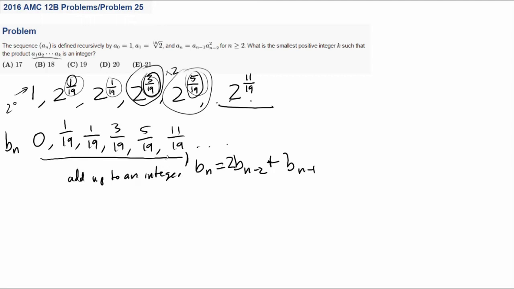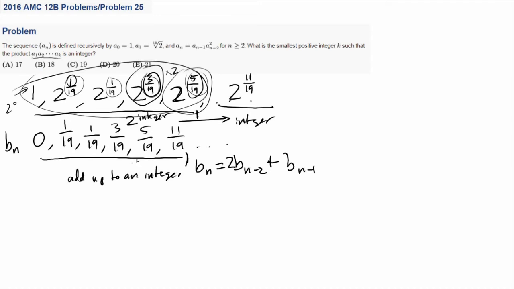If the sum is an integer, then the product is 2 to the integer, which is an integer. So we just want this sequence to add up to an integer, and that seems much easier than what the question is initially asking.